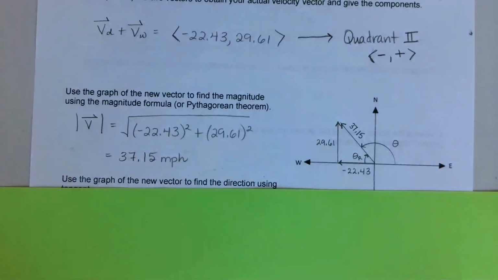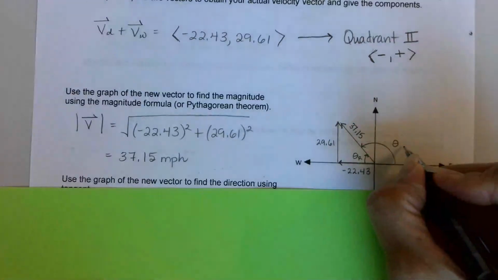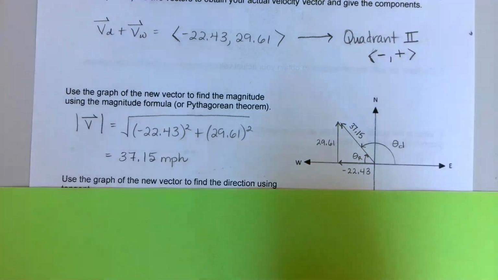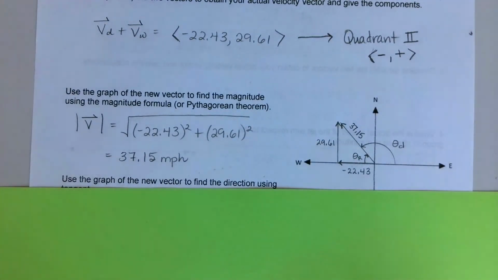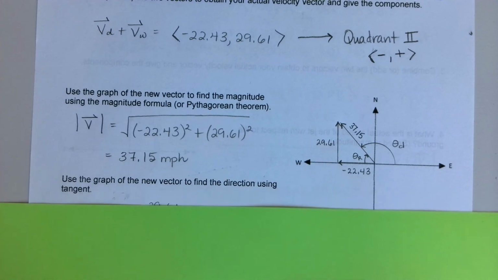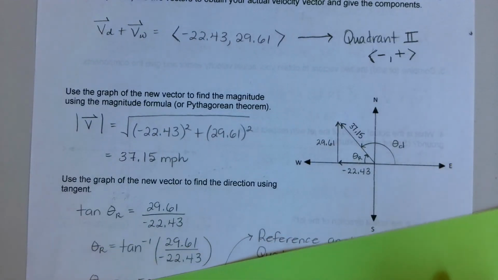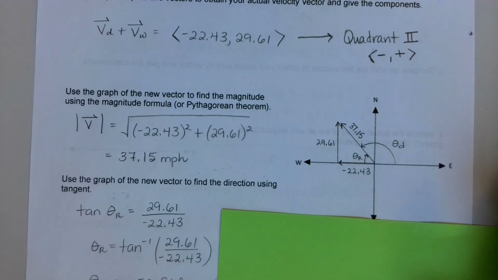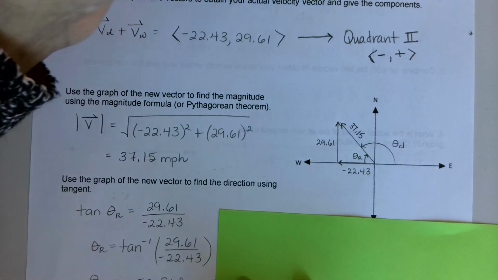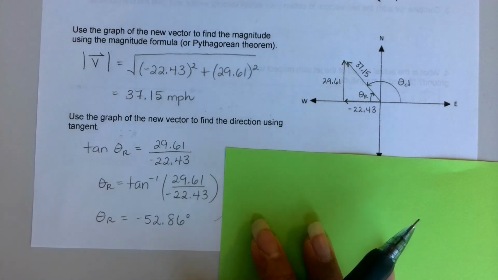Then what did we do? We needed to figure out this angle of direction. Okay, I'm looking for that angle. I can tell it's going to be above 90 degrees, but let's do the math. We can take the tan inverse of the y coordinate over the x coordinate.